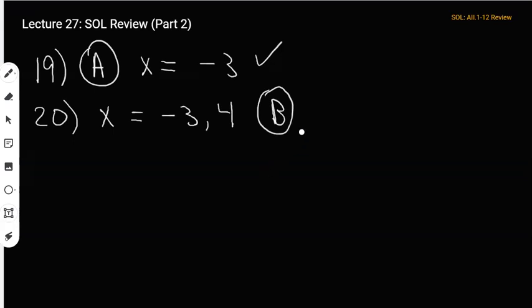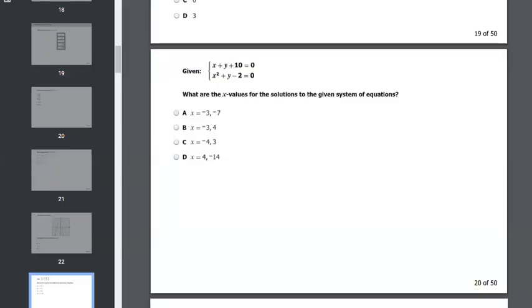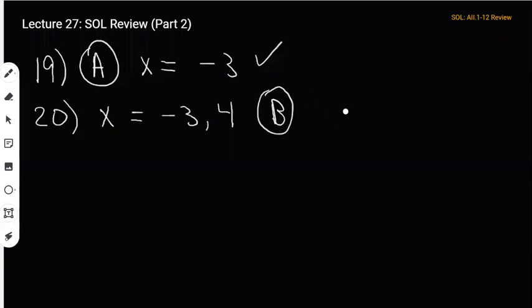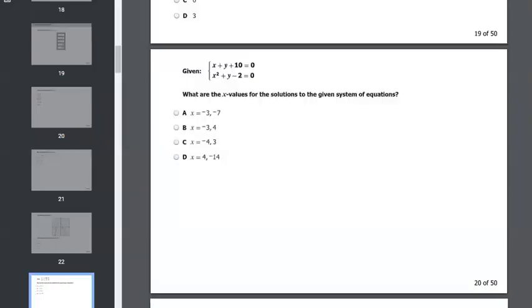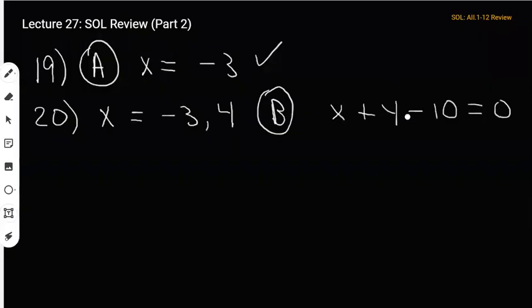You can also do it by algebra. I'll show you a quick way of how I do it. The first thing that I do is I get y by itself. So x plus y plus 10 equals 0. So this is the first equation that they give me.